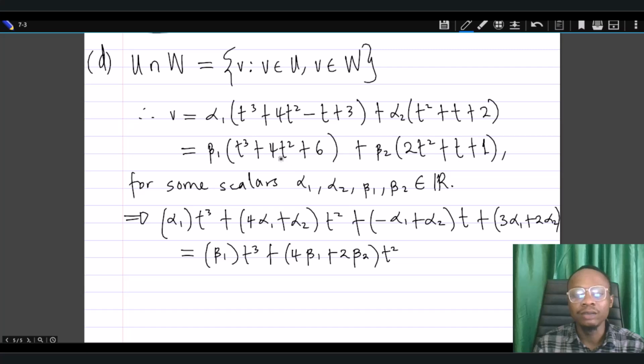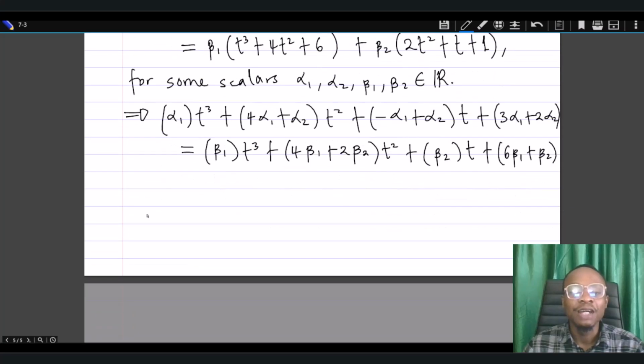Then there is no t here, but there's t here, so this is going to be beta 2 multiplying t. Then the constant here, we have 6 beta 1, then plus beta 2. And with that, we're good.